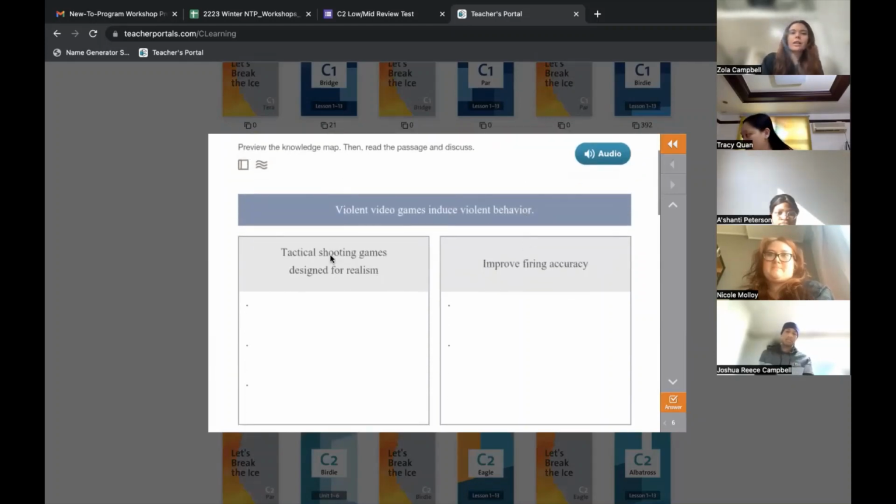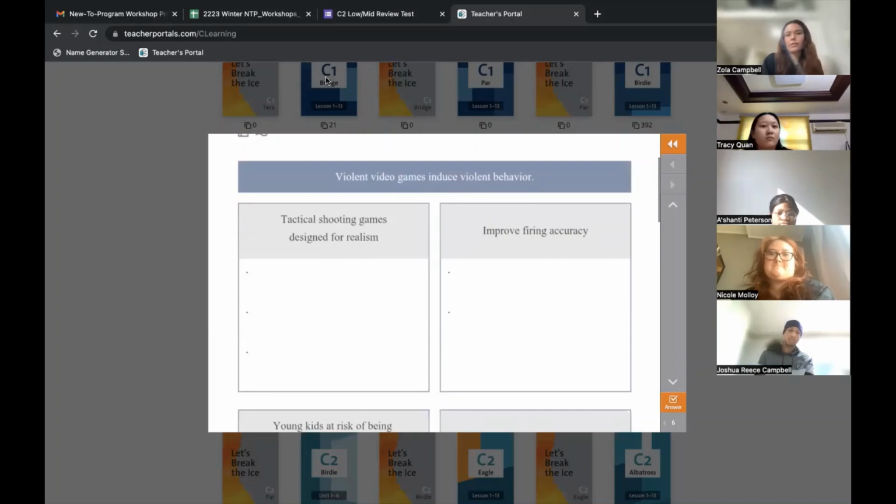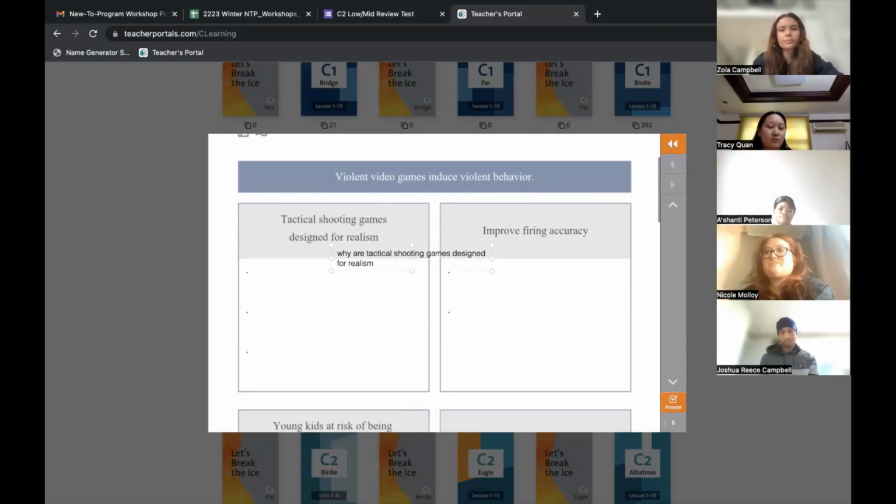Okay, so we have tactical shooting games are designed for realism. Again, you want to ask WH questions. So why are tactical shooting games designed for realism? How are tactical shooting games designed for realism?